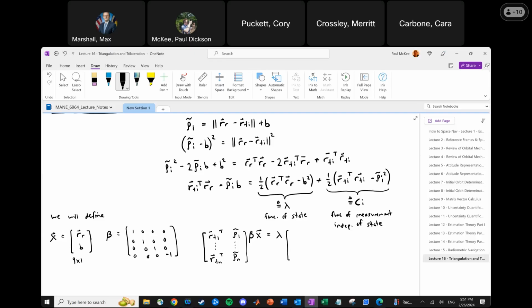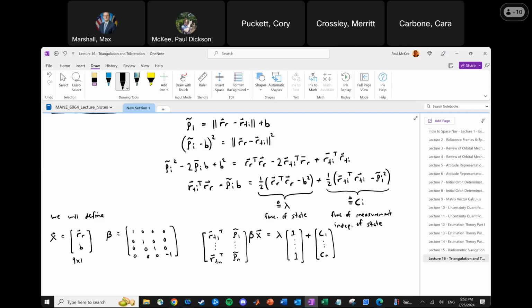So I'm going to factor it out. It's really lambda, lambda, lambda, lambda, lambda. I'm going to say as lambda, and then within the matrix, it's just a matrix of ones. Lambda followed by a matrix of ones plus all of the C's, C1 all the way to Cn. So we're taking our measurements and rewriting a few things.